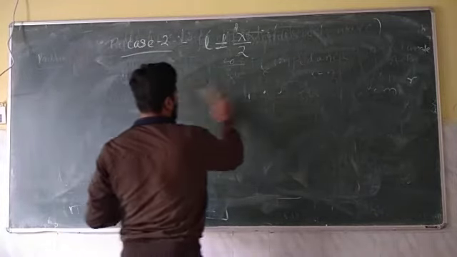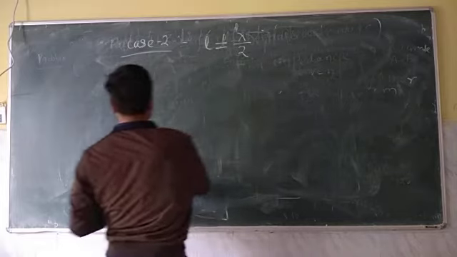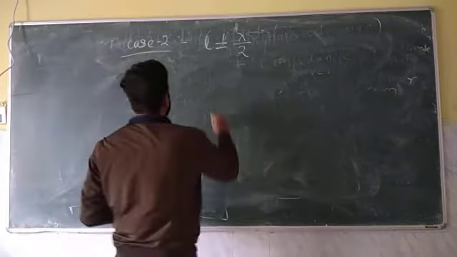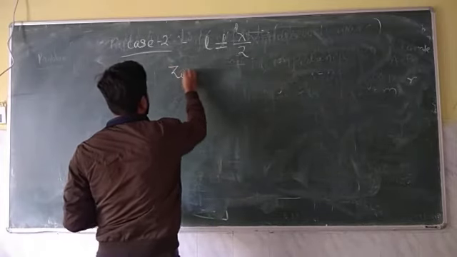So L is equal to, this is very important: from now onwards we are always going to mention the length in terms of wavelength. So for that case, what is the value of Zin?